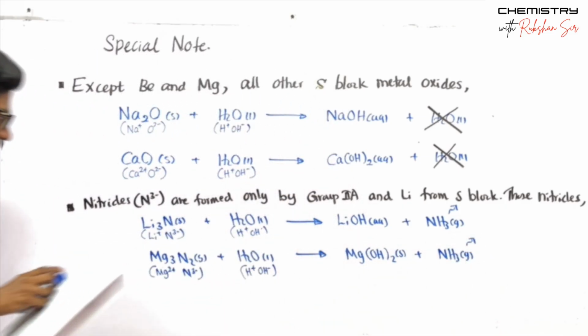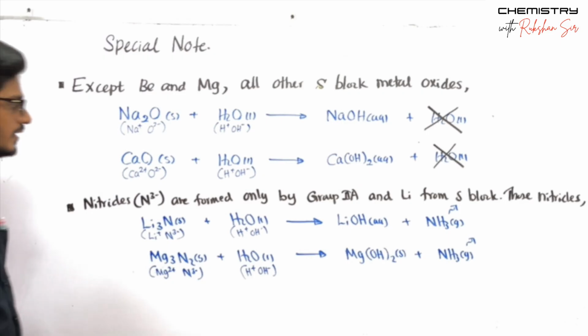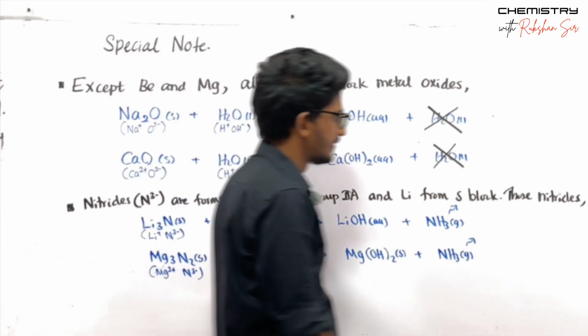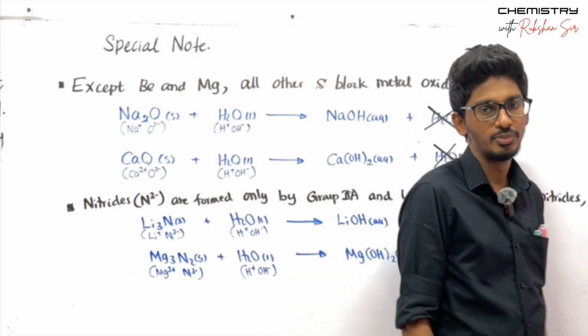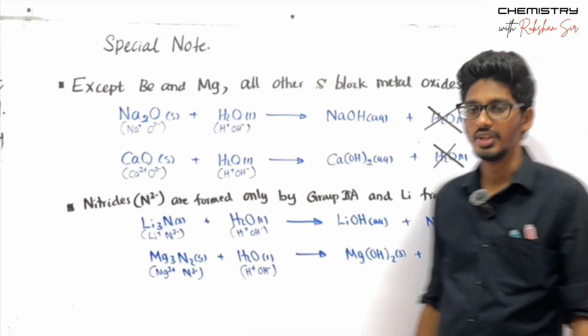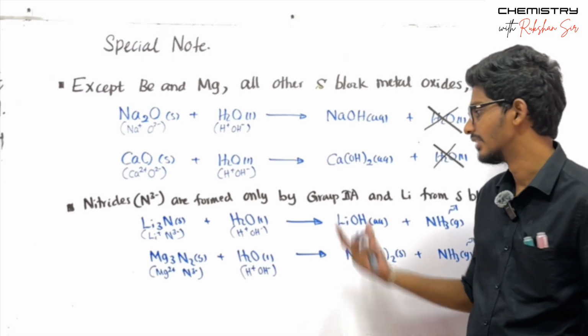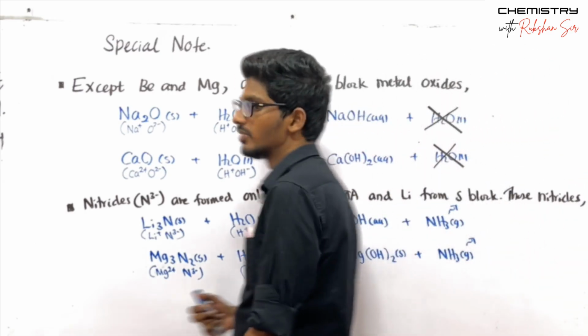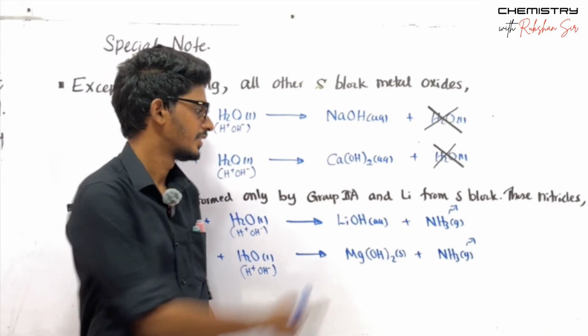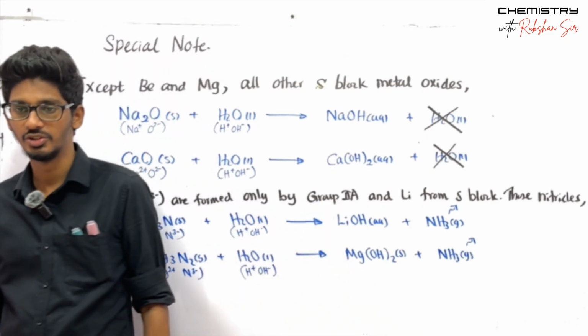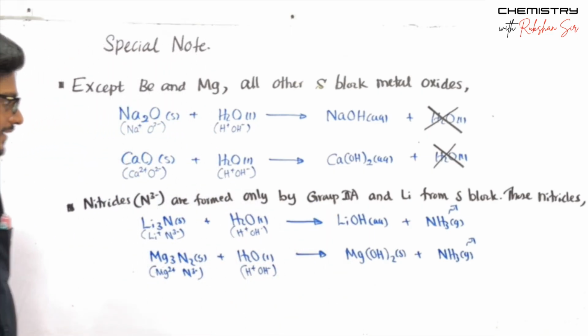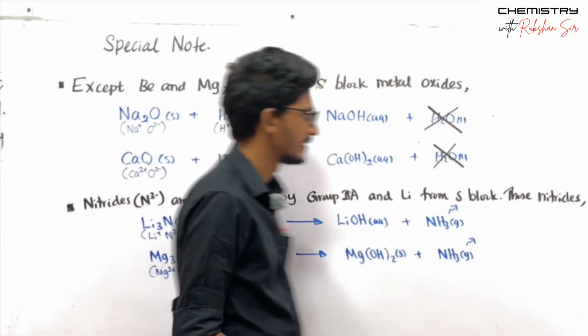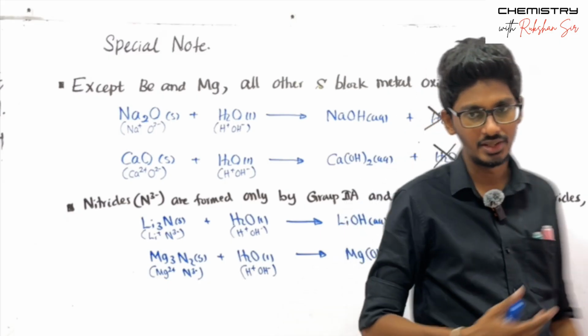See, this is how nitrides produced by the lithium and the group 2 guys are supposed to react with water. They will produce the respective hydroxide as well as the ammonia gas. Just ion exchanges, right? Nothing much to remember. No need to memorize.